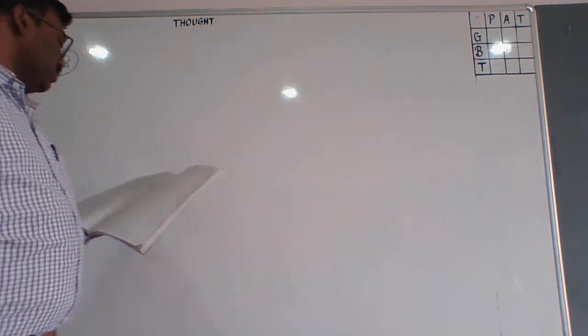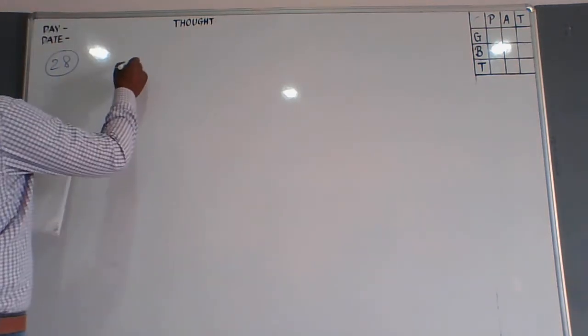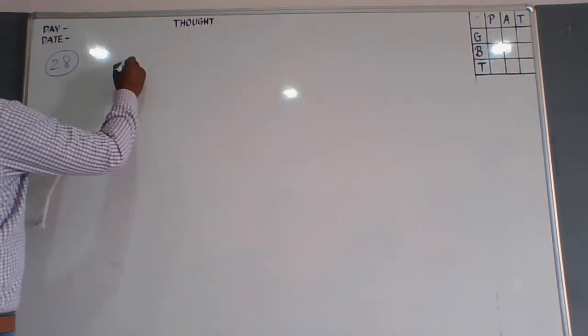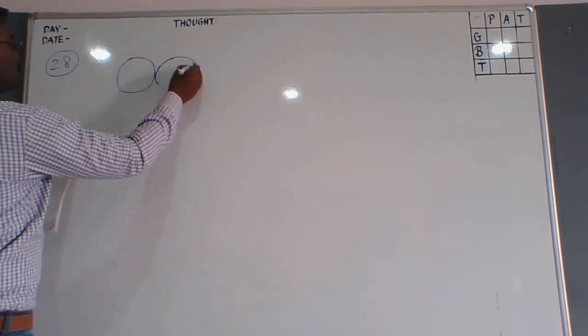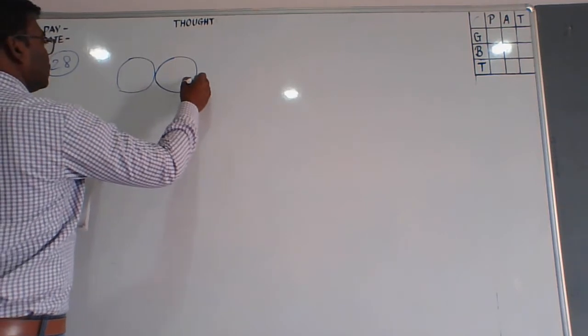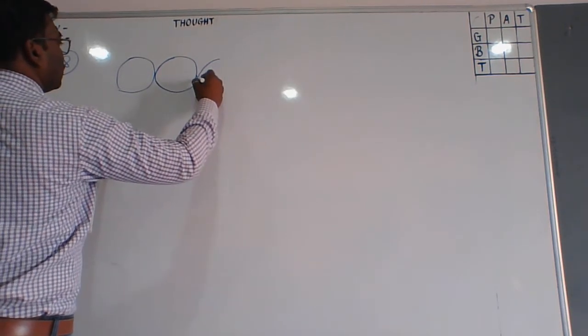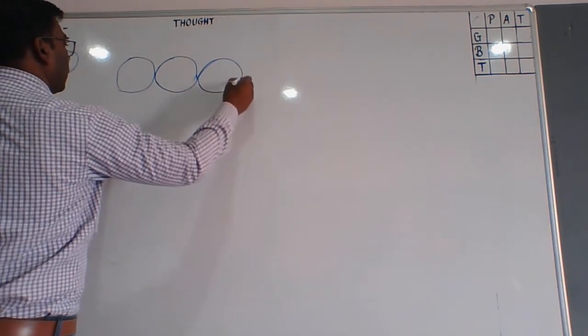Okay. So first we will draw the diagram for it. There are three circles like this.